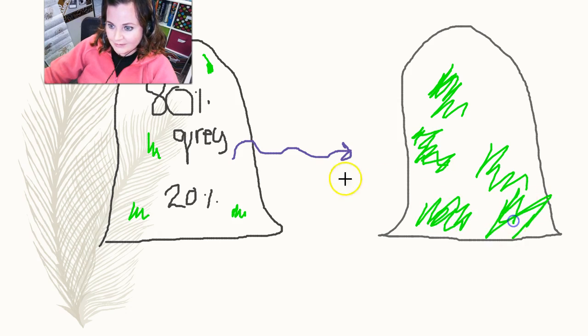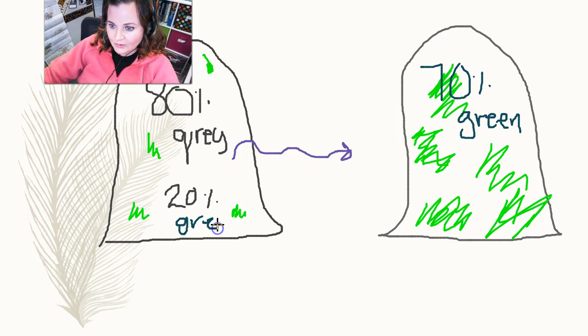It's a very mossy rock. So on our mossy rock, we now see that we have 70% green lizards. This, by the way, should have said green down here too. And only 30% gray.